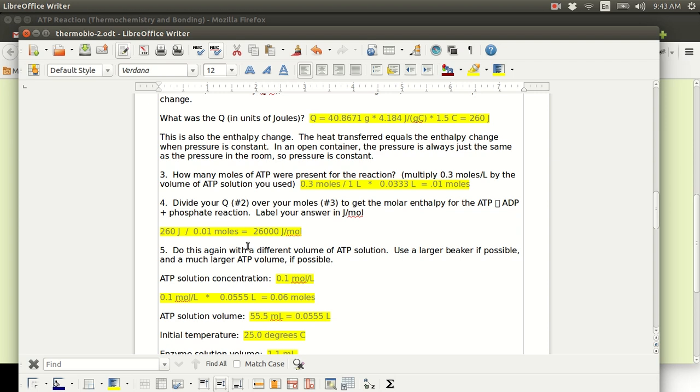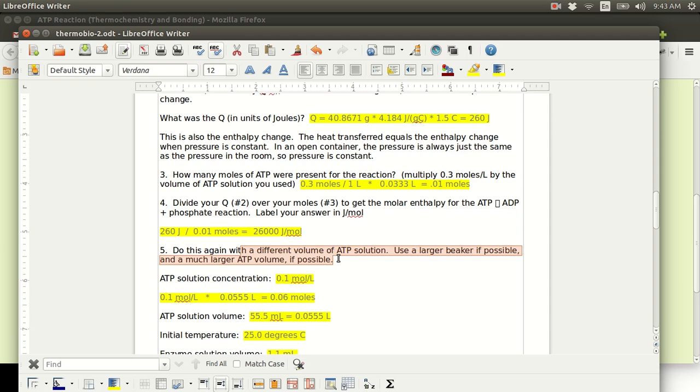Okay. It looks like the molar reaction enthalpy is different for the two different solutions of ATP. I don't think it should be so.